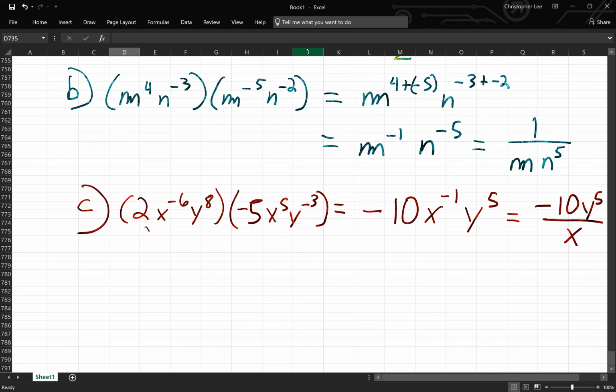Negative 10 is 2 times negative 5. It's negative 10. Y to the fifth, because it's a negative power, it's illegal to have negative powers.